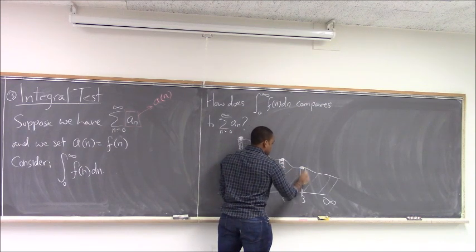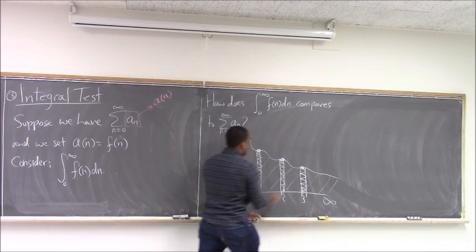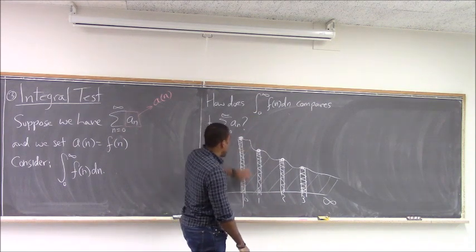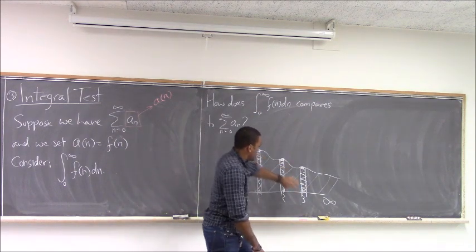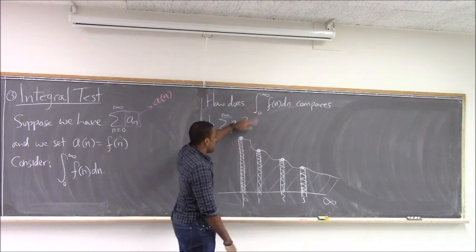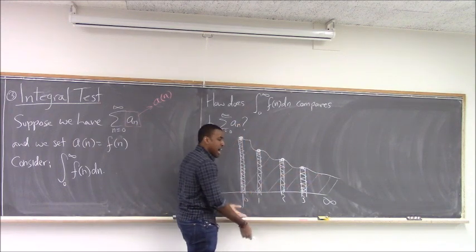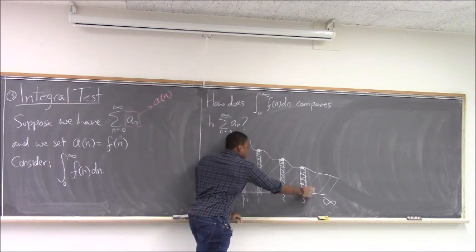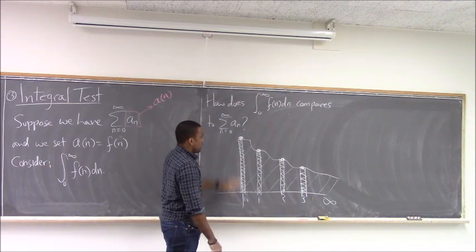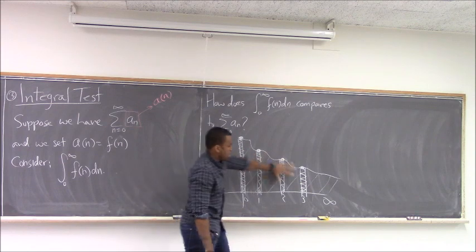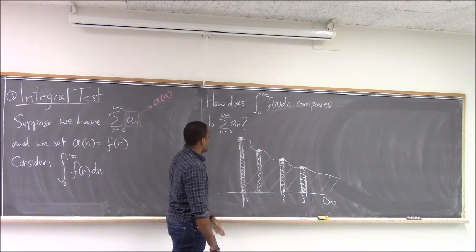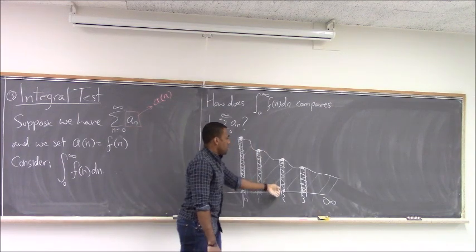So remember, the series only works on the integers. It's adding up values on these strips over here, whereas the integral is continuous. It adds up all values, so it also takes on values at a half and at a quarter and at pi and all that stuff. So the integral is like all the area under here, whereas the series is just adding up for the integers.